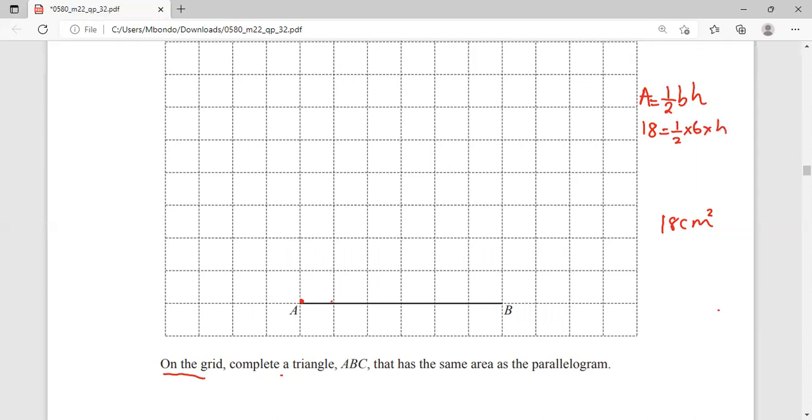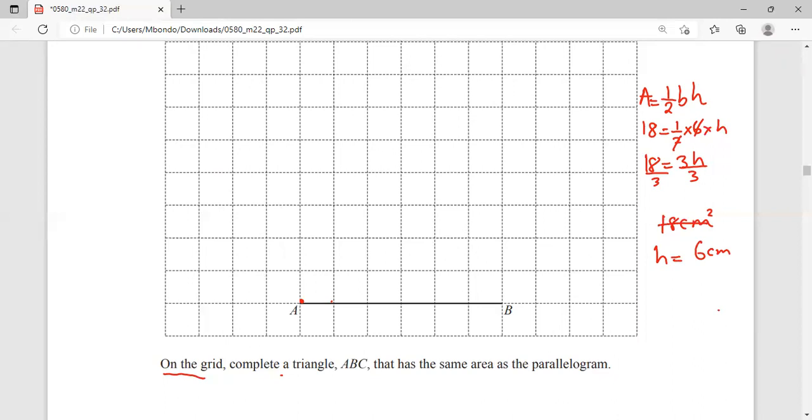So we are looking for height here. What is our height? So we'll go down and say 18 is equal to this 3 divided by 2, we're going to get 3h. Then you divide here by 3, you divide here by 3. What do you get? Height is equal to 6, isn't it? 6 centimeters.